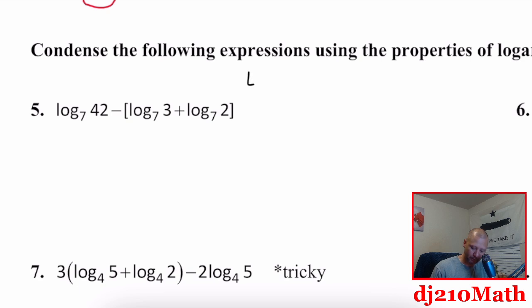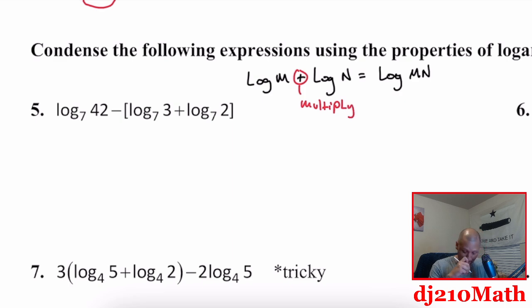Log m plus log n is going to be log mn. So when you're adding logs together, this means multiply. You multiply the arguments, m times n.